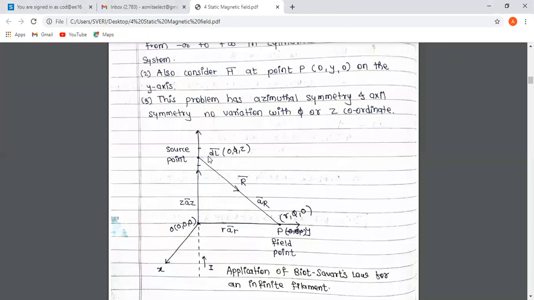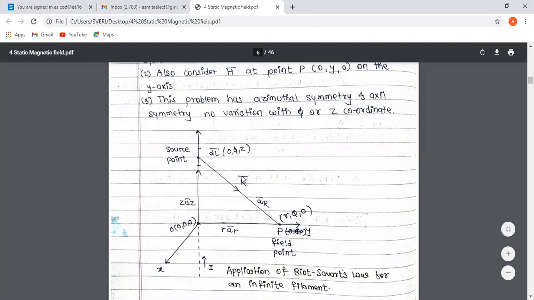Now the coordinates of this dl bar: the first coordinate is r. Now r is the radius of that cylinder, so the radius r at the center of this cylinder will be 0, because this z-axis is the center of the cylinder, therefore r is equal to 0 there. Then phi will be present.